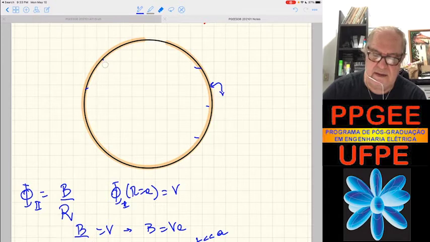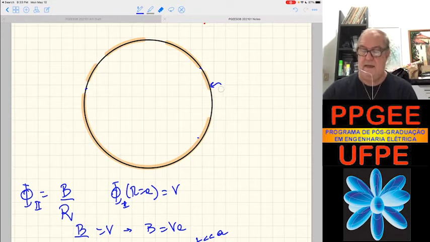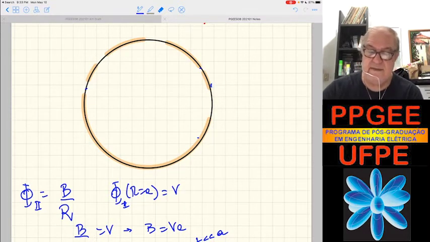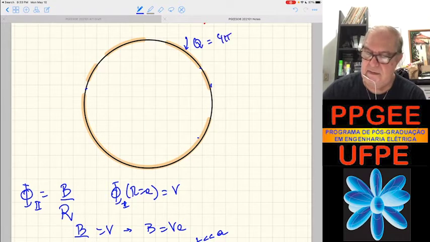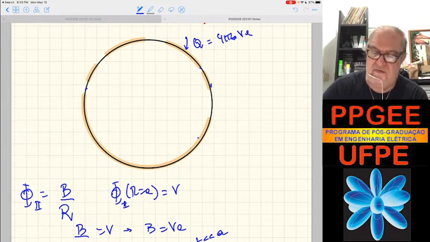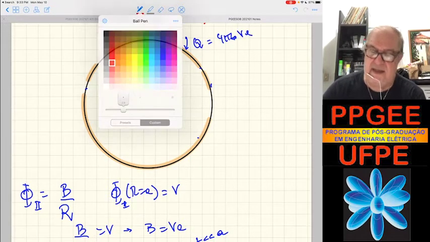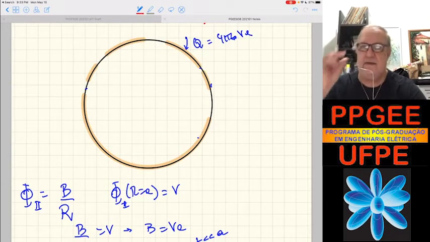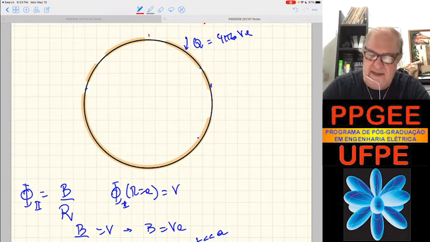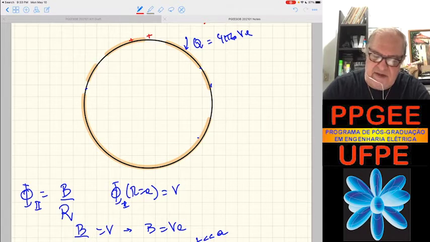Okay. Now outside we have a charge Q, which is 4 pi epsilon 0 VA, uniformly distributed. Let's assume that small k, lowercase k, is positive. Let's say that outside we have a charge like that.